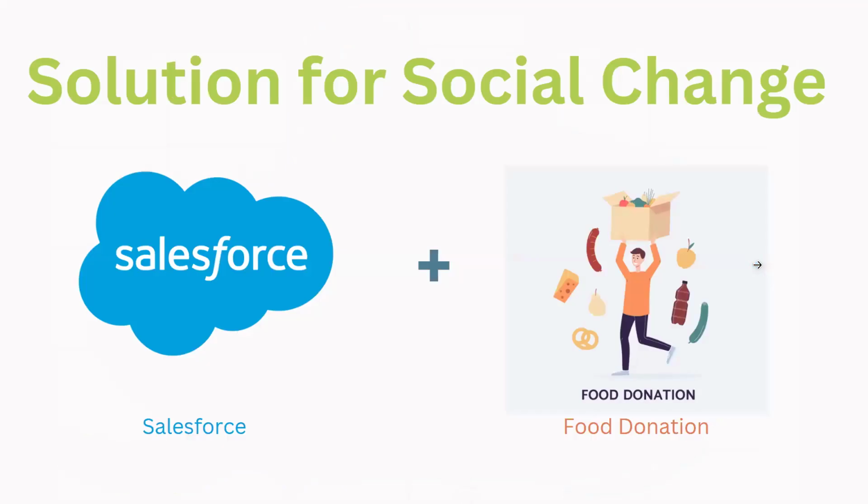So, for these challenges, we have come up with a solution for social change. A robust CRM can be effectively utilized in food donation so that several non-profit organizations and initiatives can leverage Salesforce's customizable features to tailor solutions specific to their donation programs.